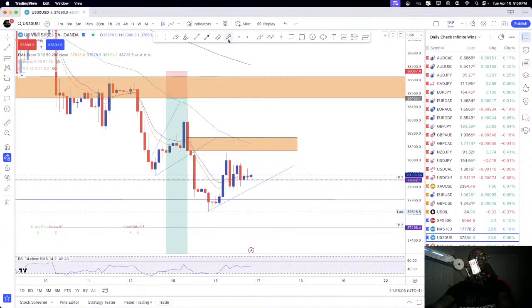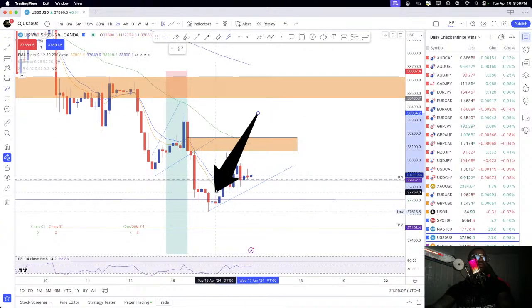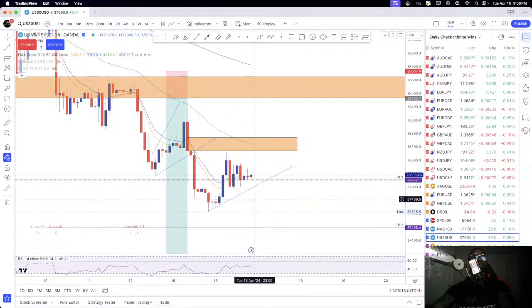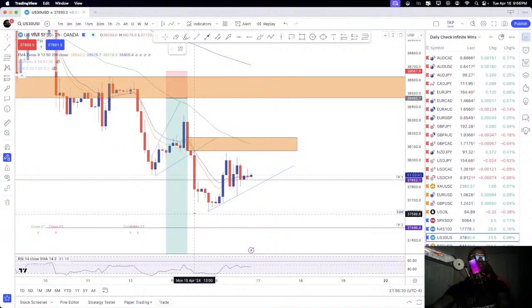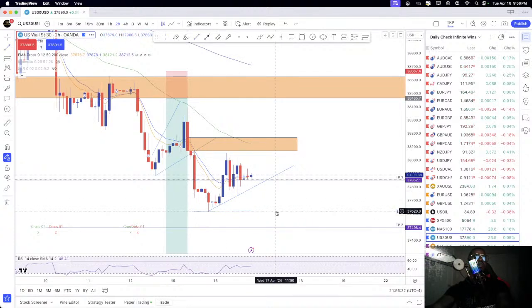Oh, look. So right here on the 2 hour, price did create a double bottom, but it's not at a major level. So this low will definitely get broken. It's just a matter of time for this low is taken out here. I thought that was an arrow.